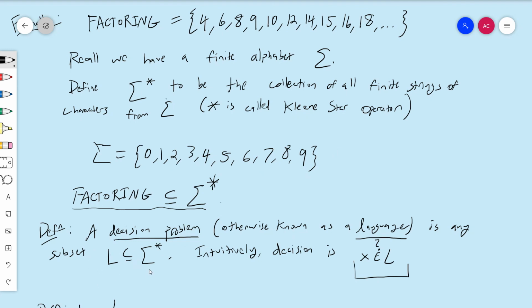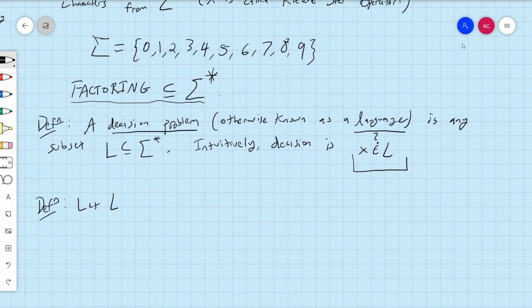And there's a deep connection between categories of machines and languages. But that's not something I'm going to get into anytime soon. Because it's fewer syllables, I think people like to say the word language instead of decision problem, and I am one of those people. So I will say the word language quite a bit. When I say language, I mean decision problem. It's kind of weird, but it is what it is.